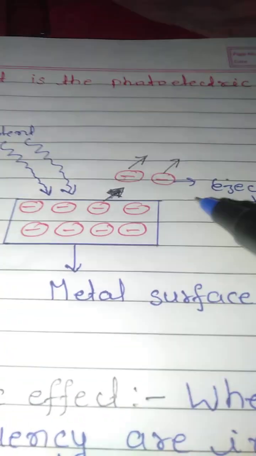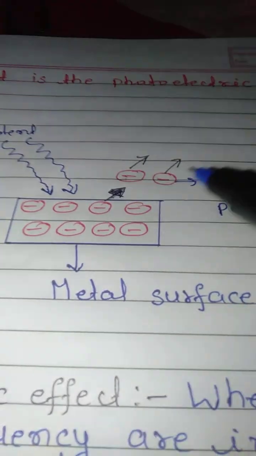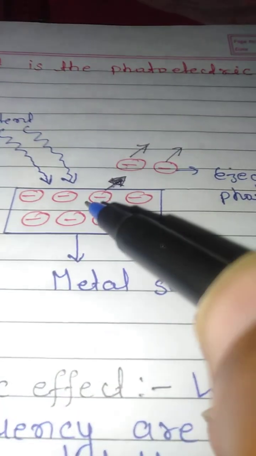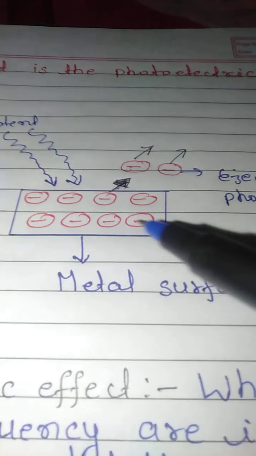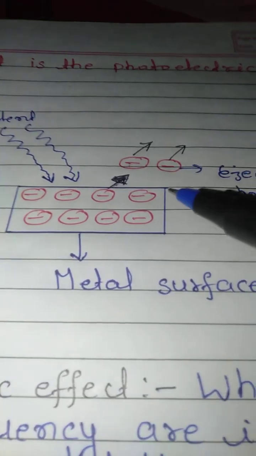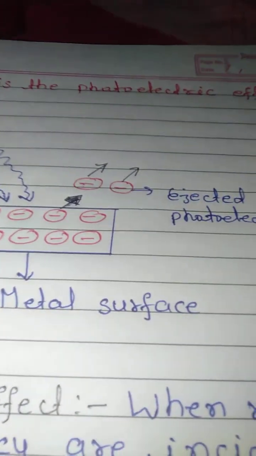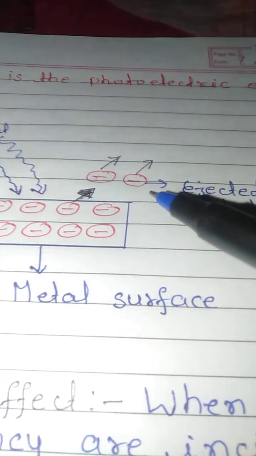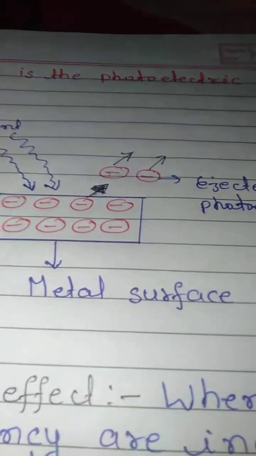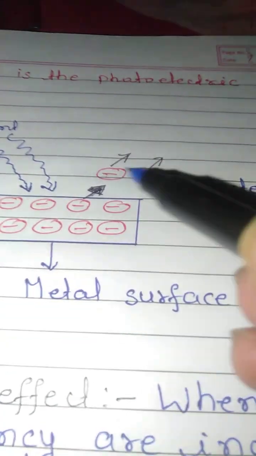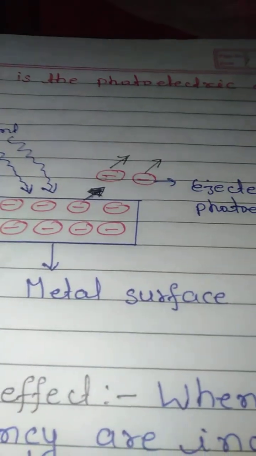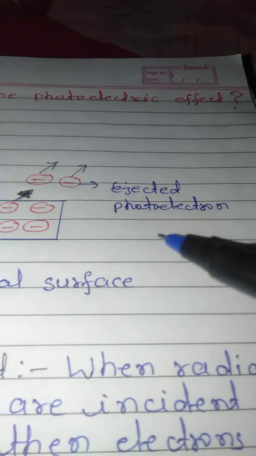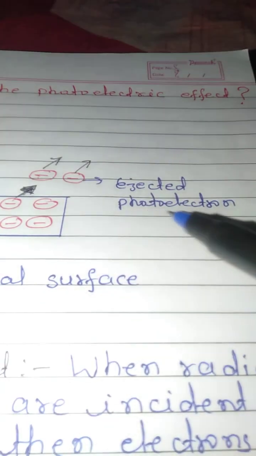That is an electron. The electron is emitting from the surface of the metal. This is the ejected photoelectron.